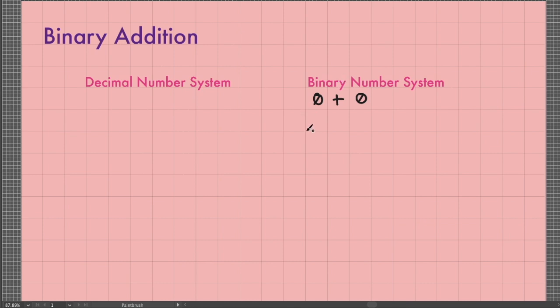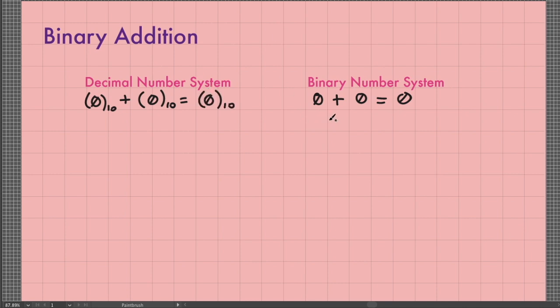So I can read this as 0 or 0, or bit 0 or bit 0. And this results to a binary 0. In decimal number system, decimal 0 plus decimal 0 equals decimal 0.